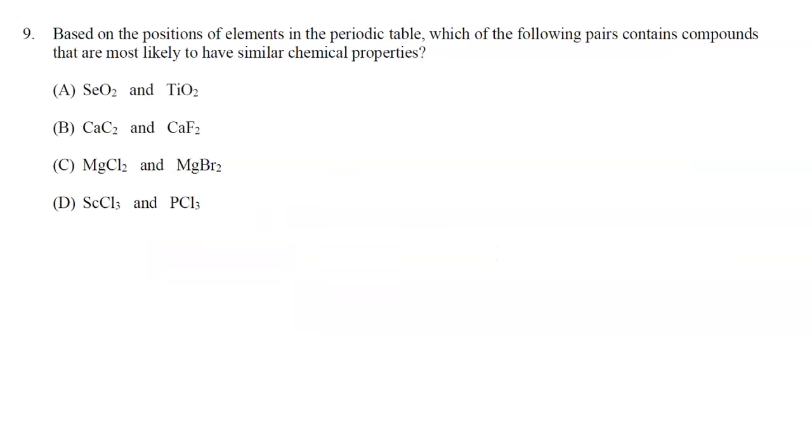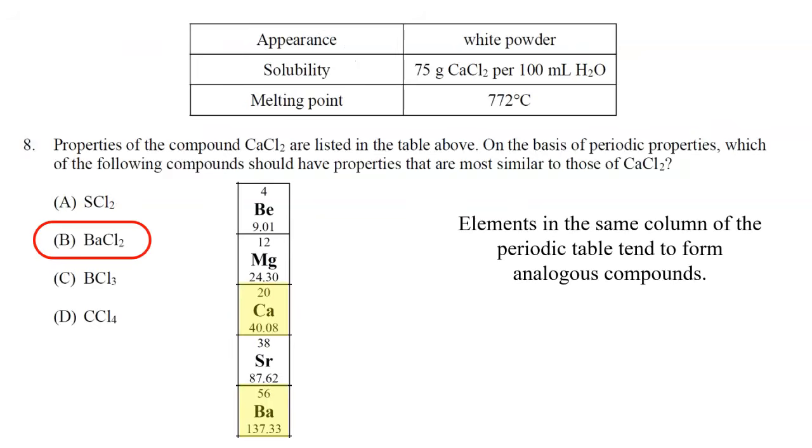Now let's take a look at question 9. Question 9 says, based on the positions of elements in the periodic table, which of the following pairs contains compounds that are most likely to have similar chemical properties? So the process of choosing the correct answer for question 9 is very similar to the process we used in question 8.